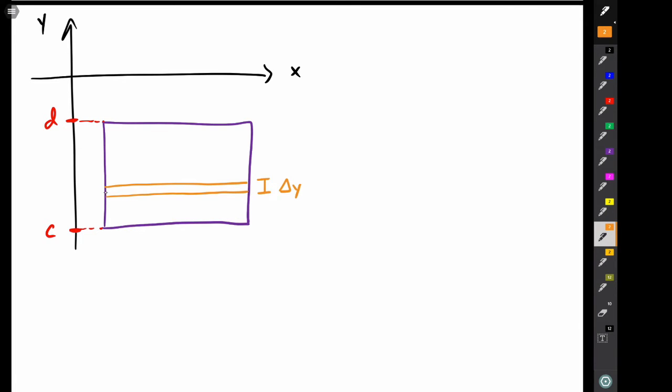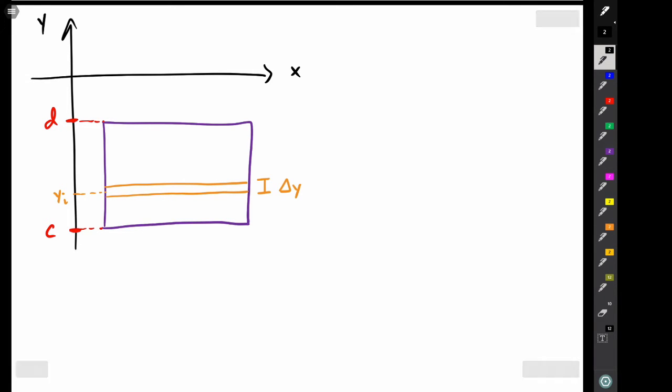And inside here, we're going to pick a point YI, as usual. This is going to be our sample. How are we going to find the force on that? Well, YI is going to be the depth of that part, and we can think of that little piece of it and just apply the fluid force formula that we talked about in the last section.